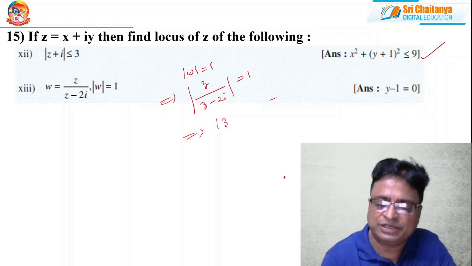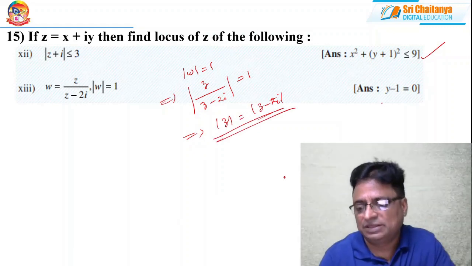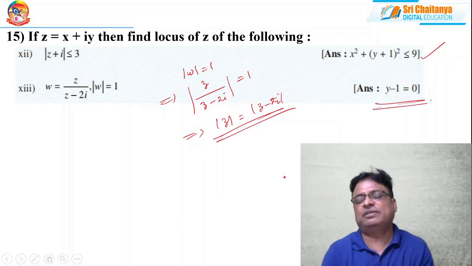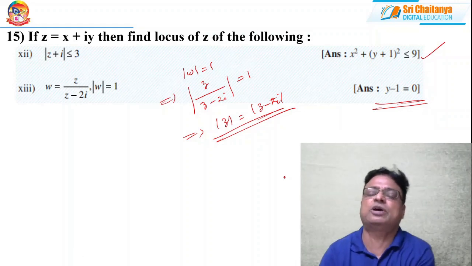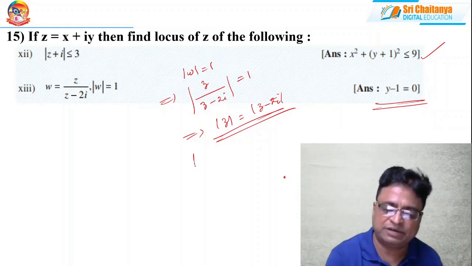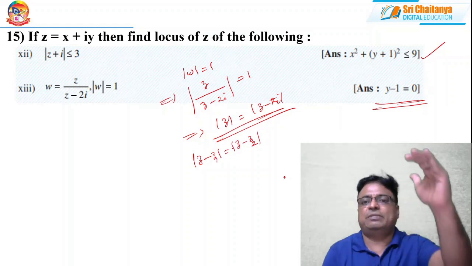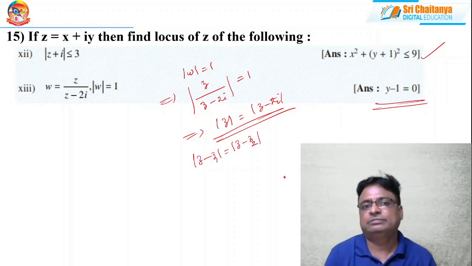Of course, it is mod z is equal to mod of z minus 2i. Again, it is a perpendicular bisector. This is a line, perpendicular bisector of the line joining the points 0 and 0, comma 2. Mod z minus z1 is equal to mod z minus z2, then the locus is what? The locus is a perpendicular bisector of the segment joining z1 and z2.